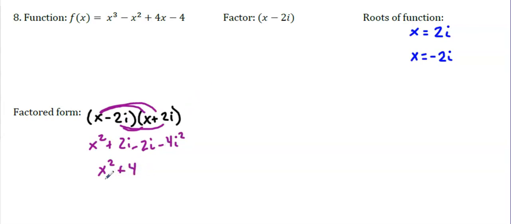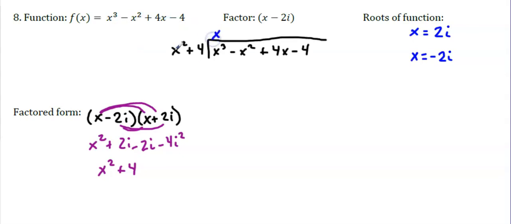So what I'm going to do now is take my x squared plus 4 and divide it into x cubed minus x squared plus 4x minus 4 to get my third factor. So x times x squared gives me x cubed, and that'll be plus 4x, so 0x squared plus 4x.